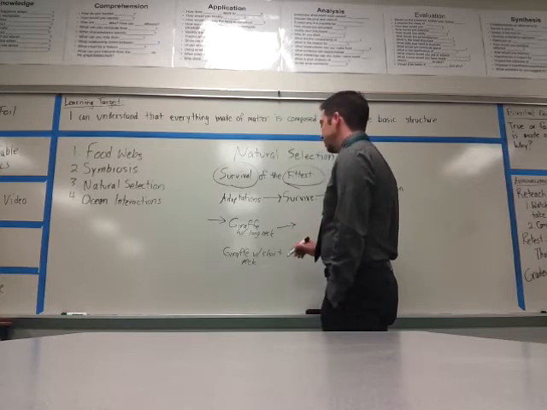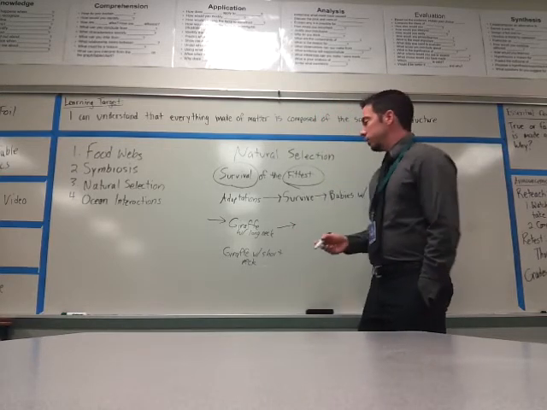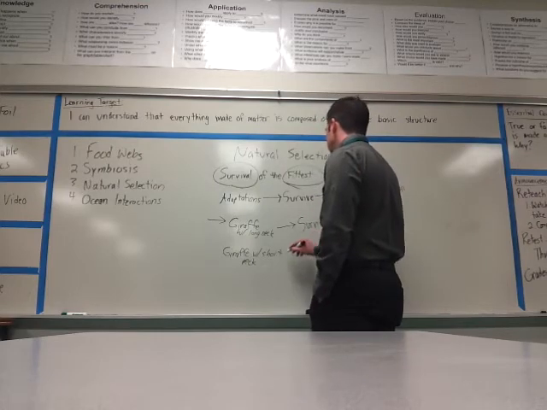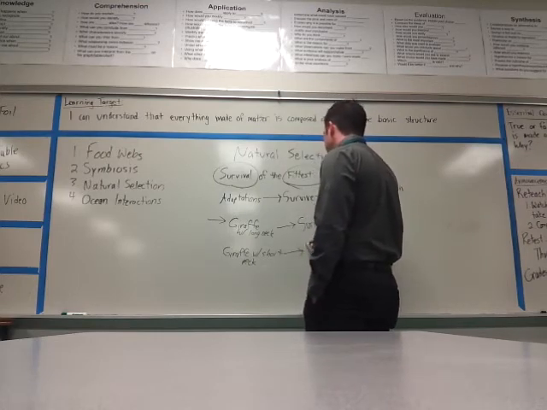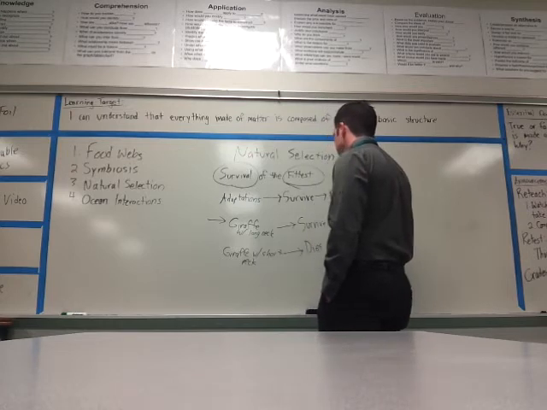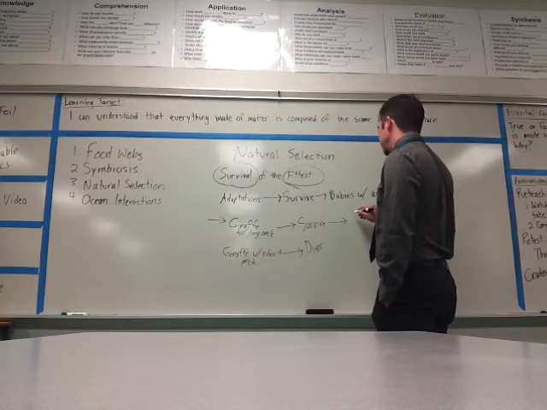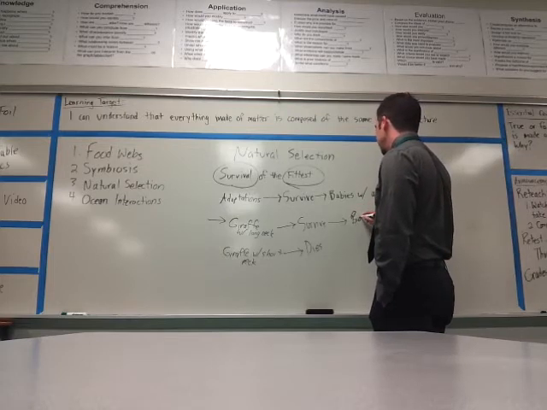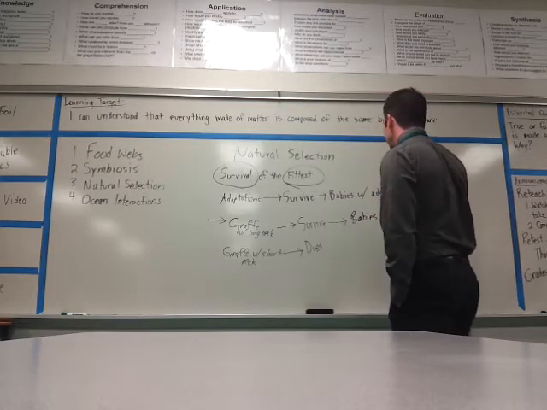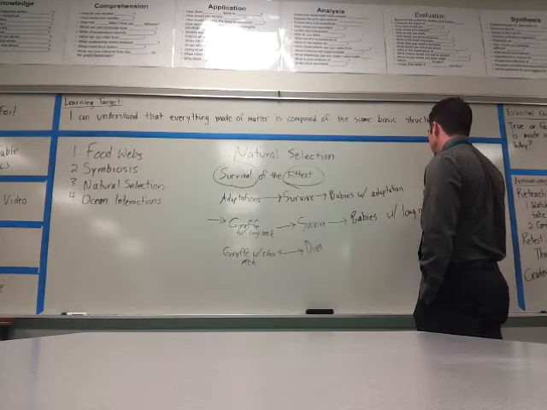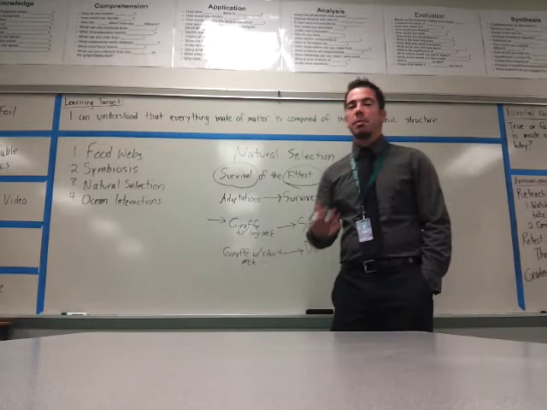Well, this organism is better adapted for survival. So it will survive because it's able to get food better. This organism does not survive. It dies of starvation. So based on that, this organism is able to survive. It's able to pass on its traits. It's able to have babies. And those babies have long necks. Another example we did in class was the peppered moth.